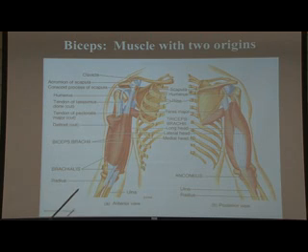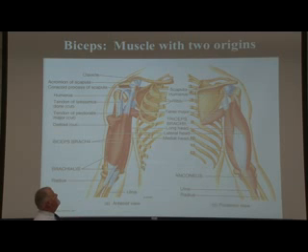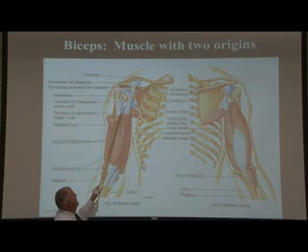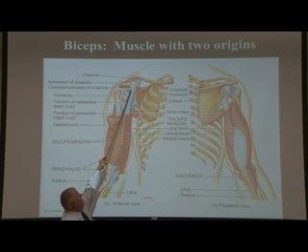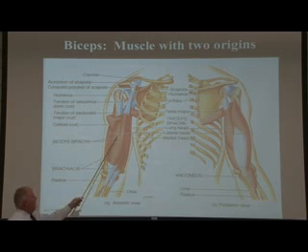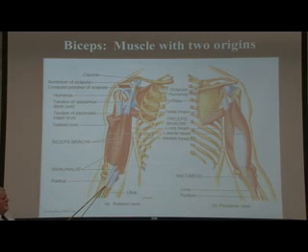So the biceps we have one in the anterior compartment of our arm that has two origins, a short head on the coracoid process, and then a long head whose tendon actually goes through the bicipital groove or the intertubercular sulcus of the humerus, then goes to the glenoid cavity, and then one insertion on the radial tuberosity.